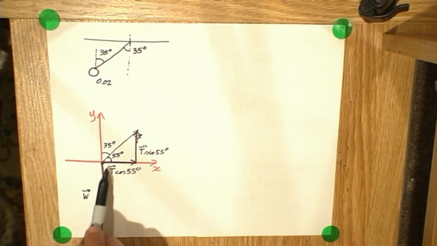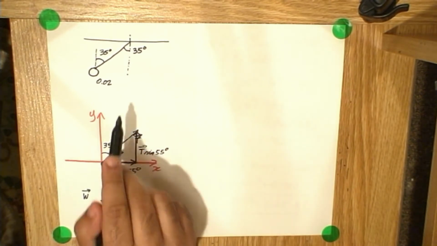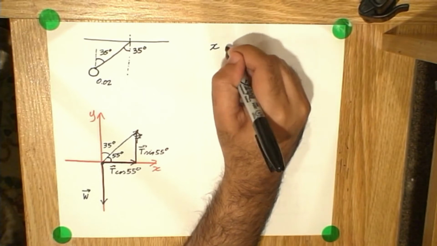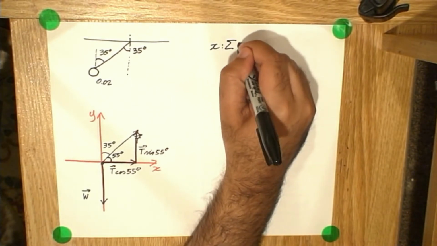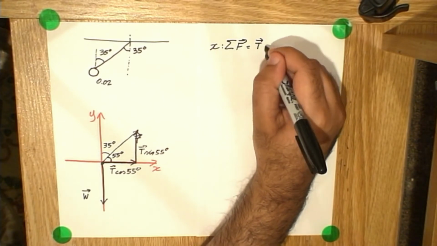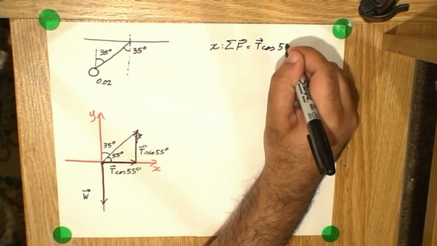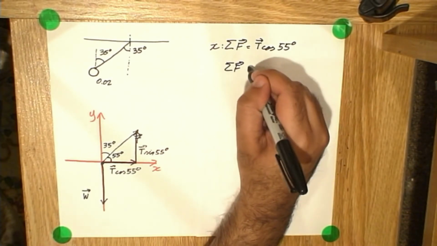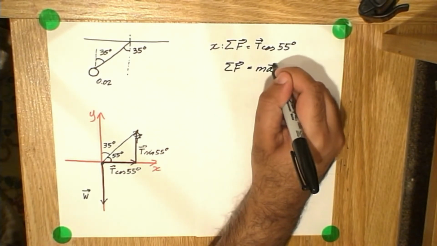The next step is to solve for the forces in x so we can find the acceleration in x. In x, the total force is given by T cos 55 degrees. But again, total force is equal to mass times acceleration.